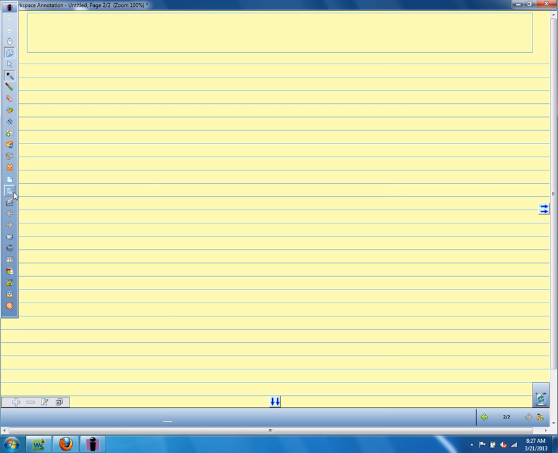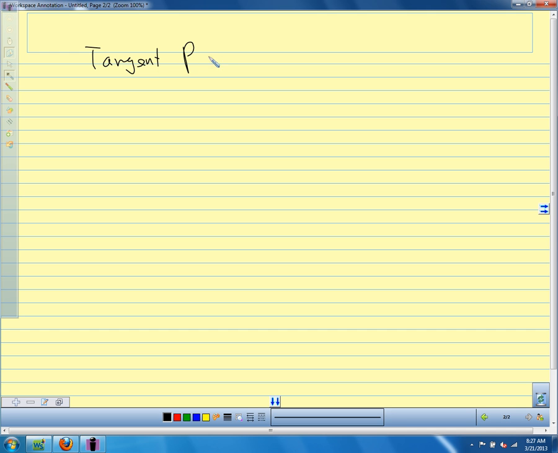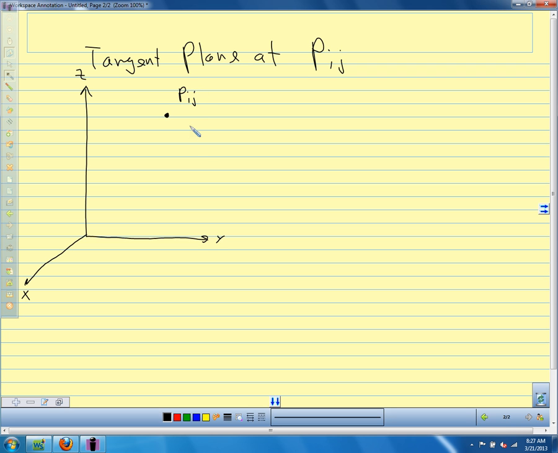So here's our magnified view of the tangent plane at our P sub ij. So our coordinates, our axes again.